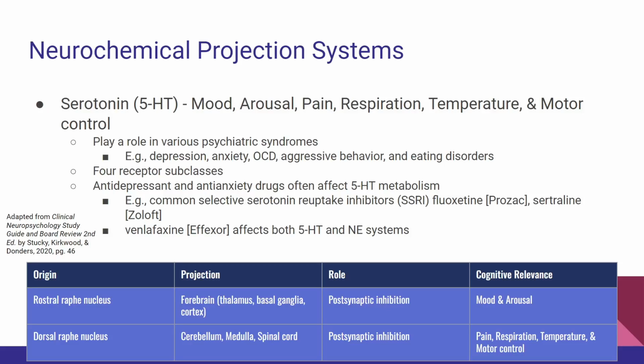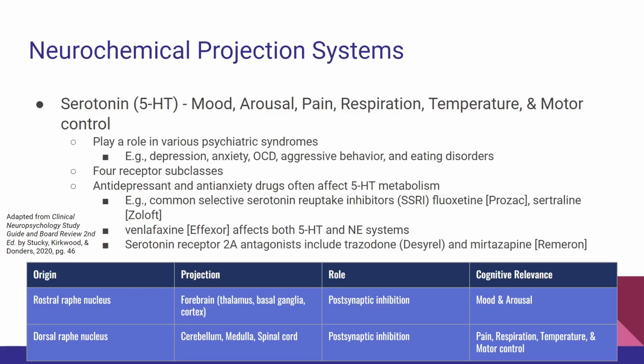Venlafaxine, trade name Effexor, affects both the serotonergic as well as the noradrenergic systems. If you look at the chart below, you can see where the primary nuclei associated with serotonin production are located and see their projections as well as how those projections influence different cognitive abilities.